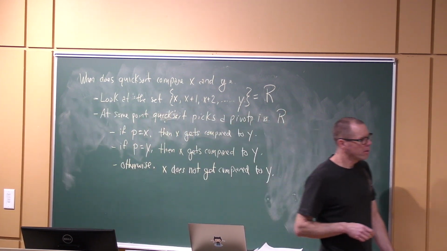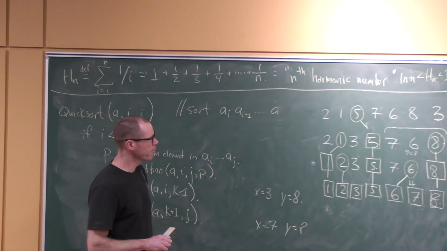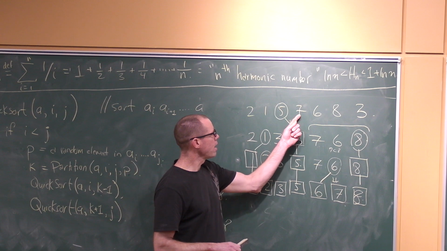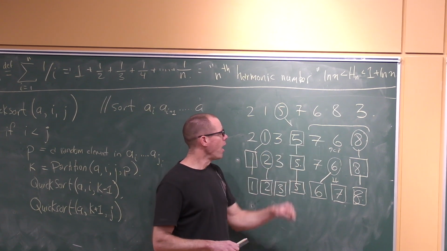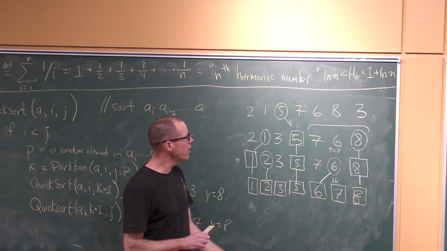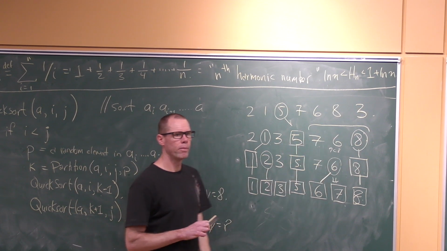Right. So that's what we saw here when we were trying to decide, did 7 and 8 get compared? Well, we looked at the range, the numbers 7, 6, and 8. The first of those that was ever used as a pivot was 8, and therefore 7 and 8 get compared.